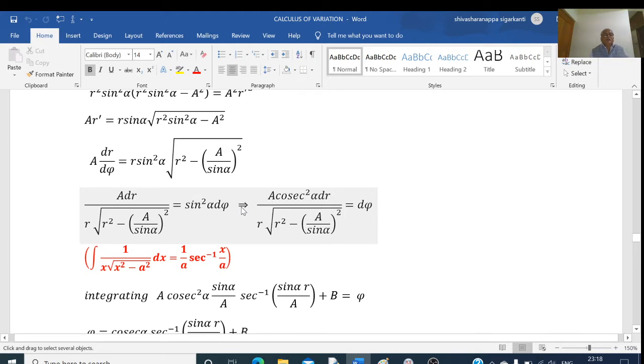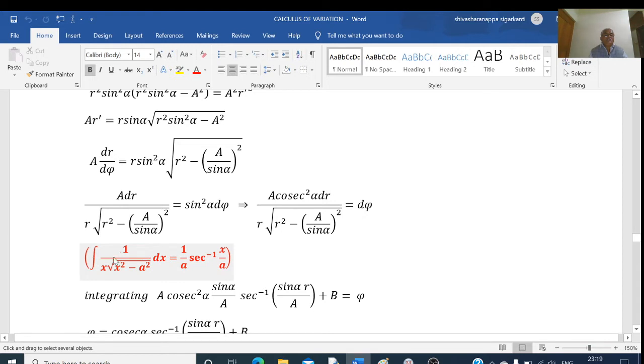So this implies, taking this to the left hand side, this will be in the denominator sin square alpha, and if I write this in the numerator, that will become cosecant square alpha. That is a into cosecant square alpha into dr divided by r into square root of r square minus a by sin alpha whole square is equal to, on the right hand side, just d phi.